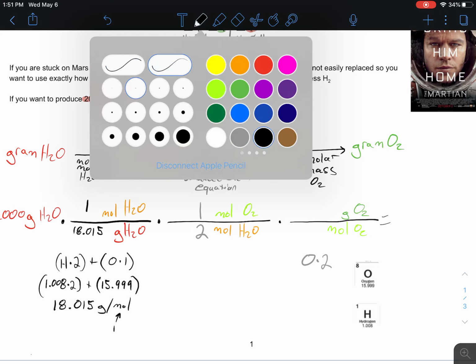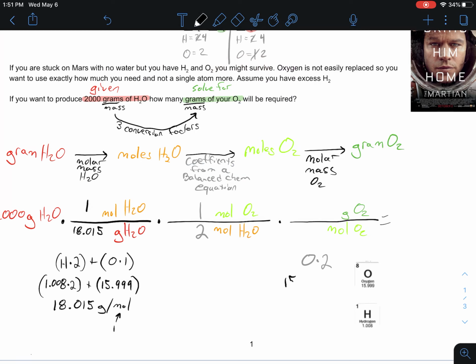I will have 15.999 times 2. And that's it. That leaves me with 31.998 grams per mole, or grams per 1 mole, however you want to look at it.